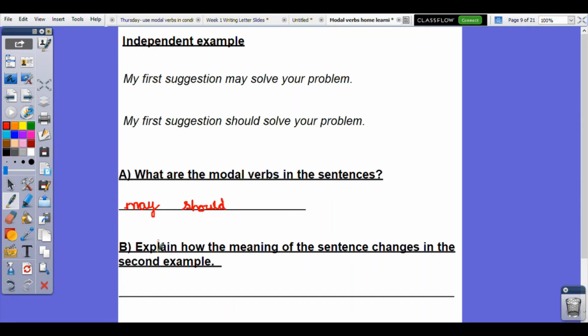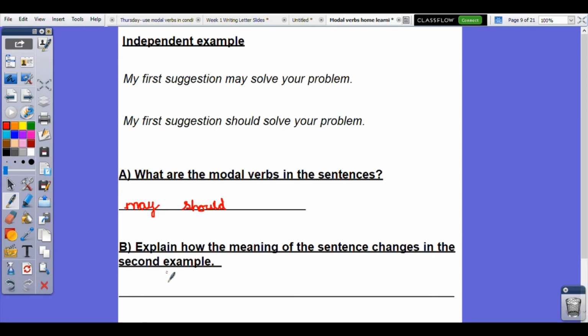Great job. B. Explain how the meaning of the sentence changes in the second example. Well, I know that should is more of a medium modality verb than may. May is lower. So it sounds as though in the second example that it is more guaranteed, slightly more certain that the suggestion will work.